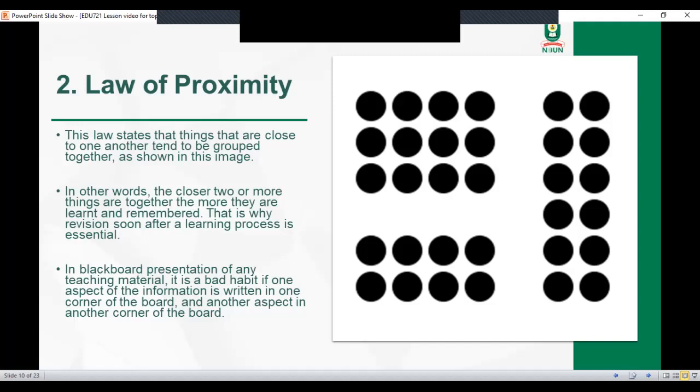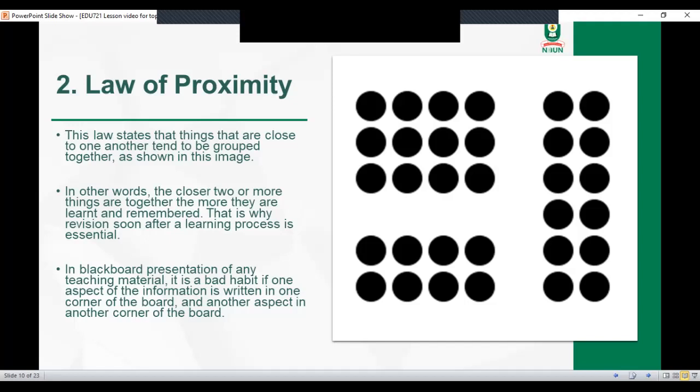The same way, learners in the classroom, as a teacher, if you want to present your learning content to your learners, and you are using the blackboard, the chalkboard to write something on, don't separate your content. Similar content should appear together. In that way, it makes learning better, and that material will be able to be learned better.